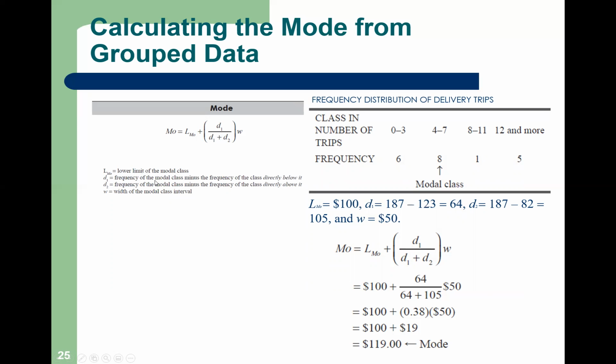D1 represents the frequency of the modal class minus the frequency of the class directly below it. D2 represents the frequency of the modal class minus the frequency of the class directly above it.